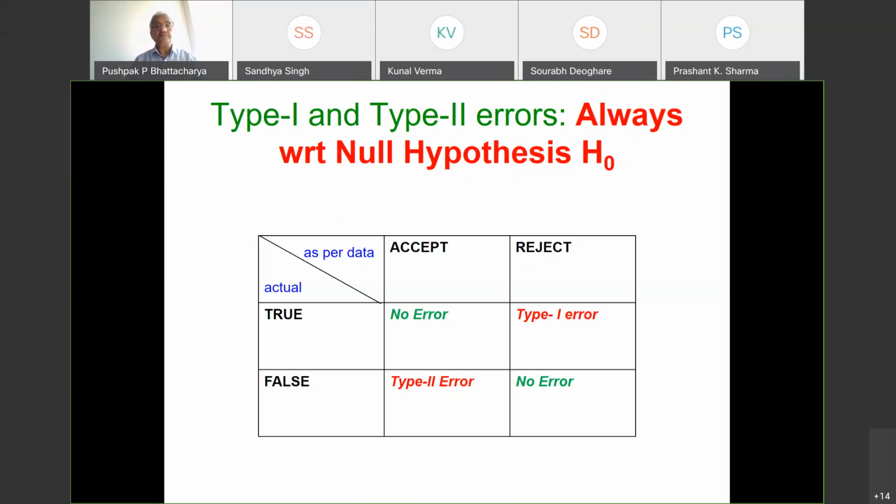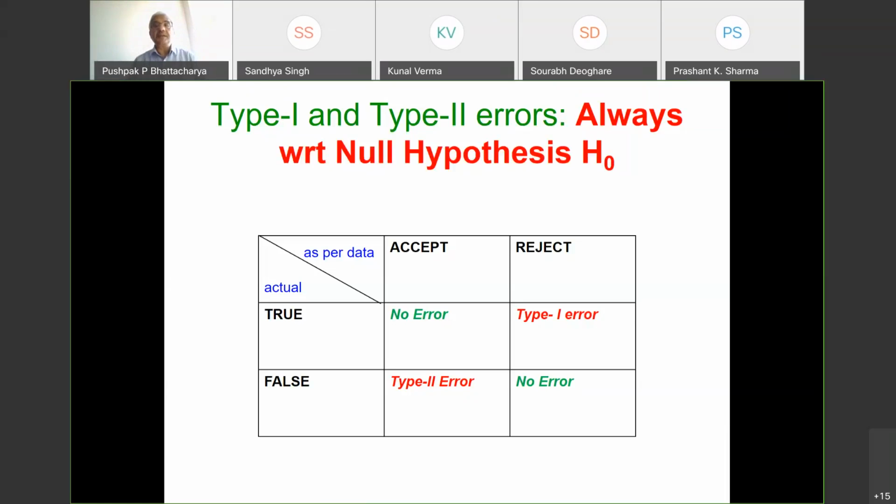We always take the stand that with the help of the data, we would like to reject the null hypothesis. And the methodology has been explained many times that once we have decided the null hypothesis and the confidence interval, we do something to show that this hypothesis is not consistent with the data.